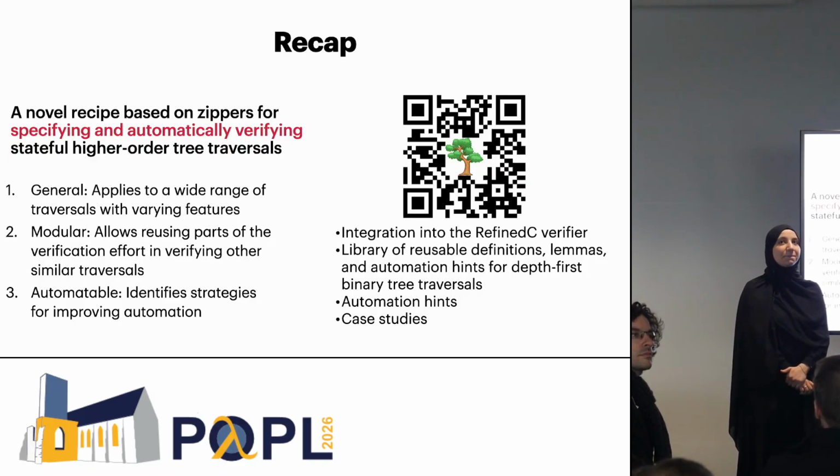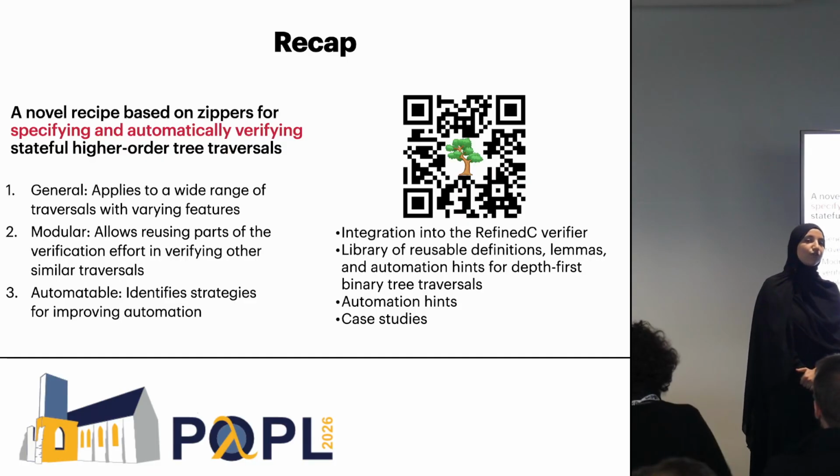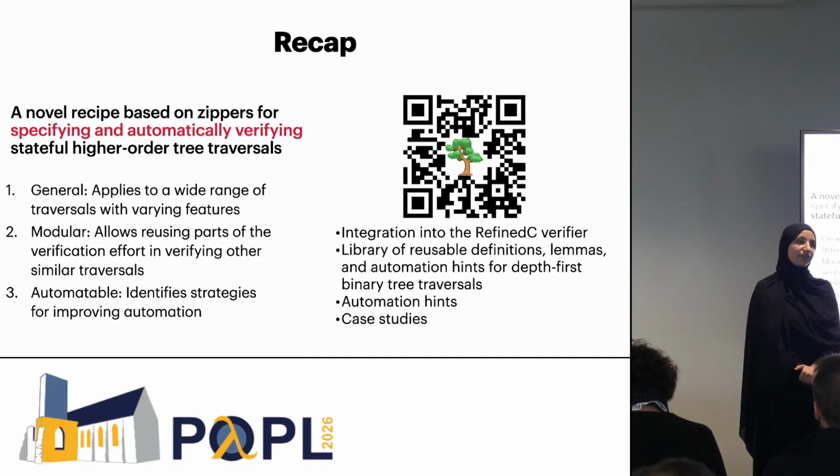A lot of the work that focuses on tree traversals focuses on first-order traversals that, for example, would rebalance the tree or have a complicated algorithm implemented inside the traversal. In this case, if it's not a higher order depth first traversal, then the recipe is not very applicable. But if it's still higher order and depth first, then yes, the recipe can help specifying the traversal.